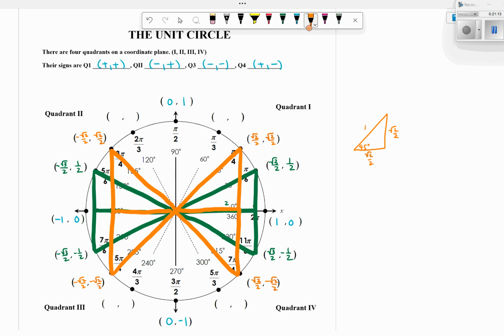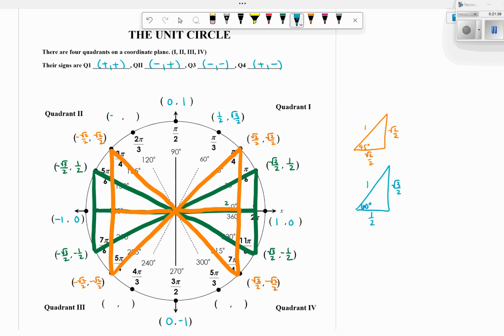So then for the next one, we have 60 degrees. So now we're using the reference angle of 60 degrees. Remember, across from 60 is the root 3 over 2, across from the 30 is the 1/2, and this is 1. So that means this would be 1/2, root 3 over 2. And notice again, it's the opposite of what we had at 30 degrees.